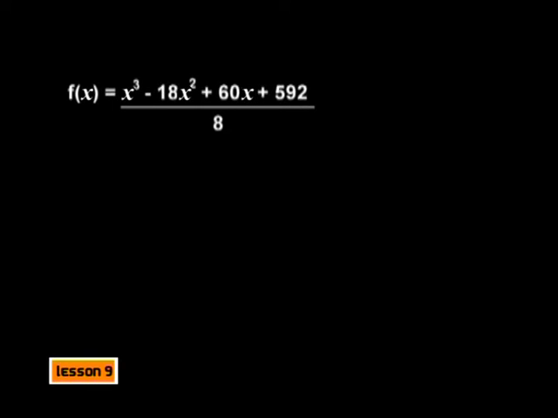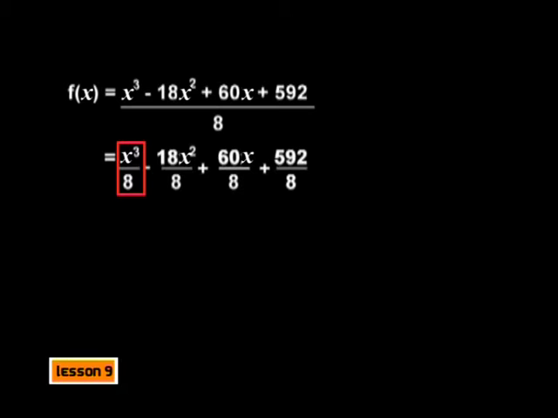So, I'm going to start by writing this as 4 separate terms so I can differentiate the function. So, it becomes x cubed divided by 8 minus 18x squared divided by 8 plus 60x divided by 8 plus 592 divided by 8.